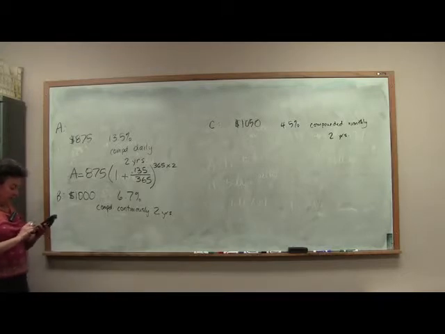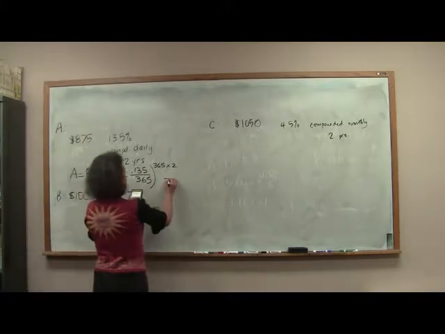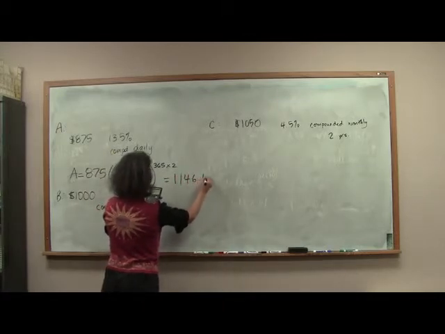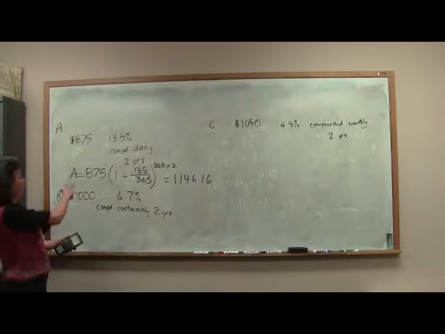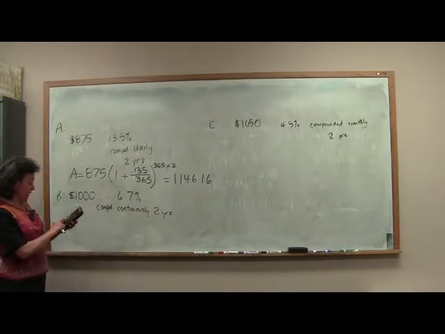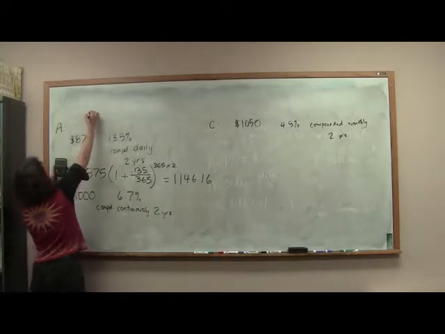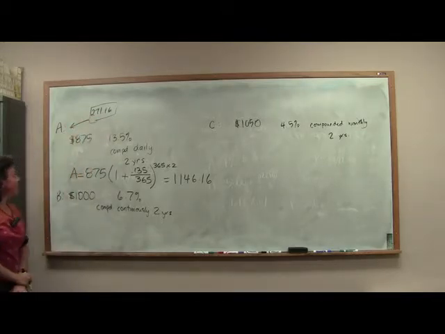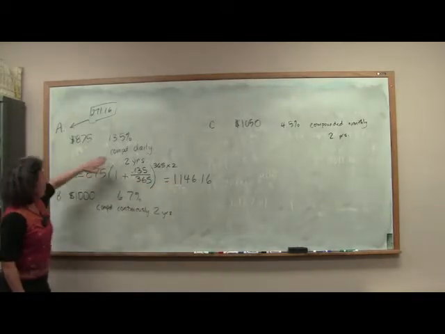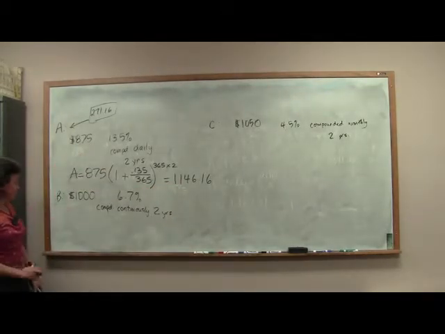All right, and in case you really care, what we're going to get for this first guy is $1,146.16. Okay? So, how much money did we make by this? Well, do you guys agree? We made $271.16 off of investment A. How did I get that? Well, I took my ending amount minus my beginning amount.